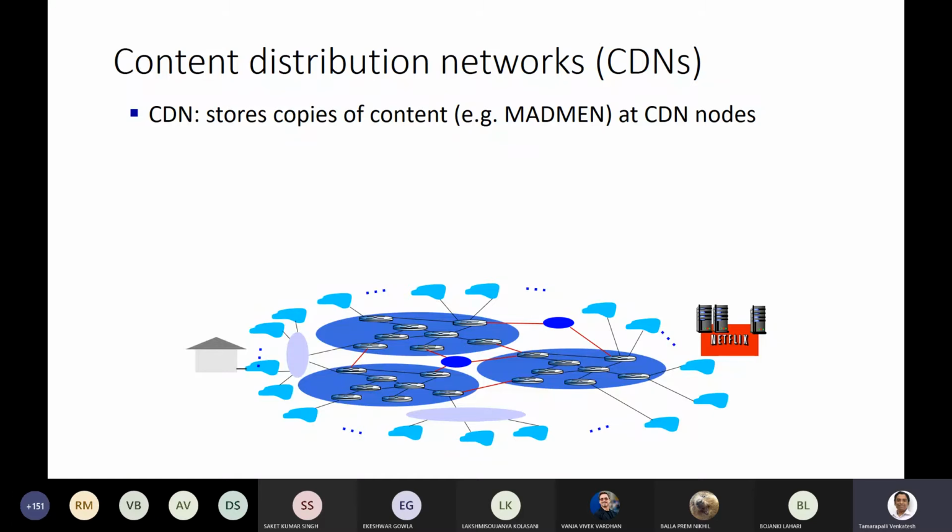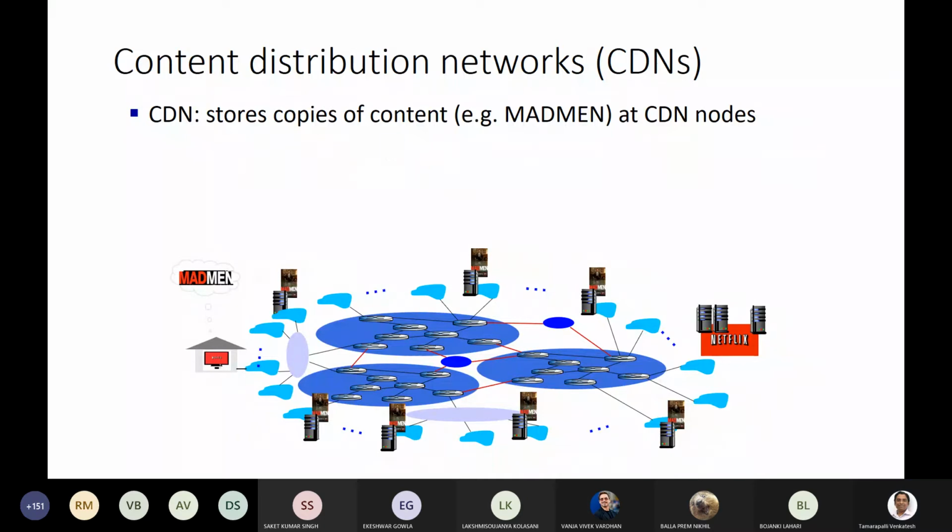So in essence, what CDNs do is that they store copies of the content, let us say some video file or a movie, at different locations, different CDN nodes, and then the user can fetch the content from any of these locations or any of the replicas.